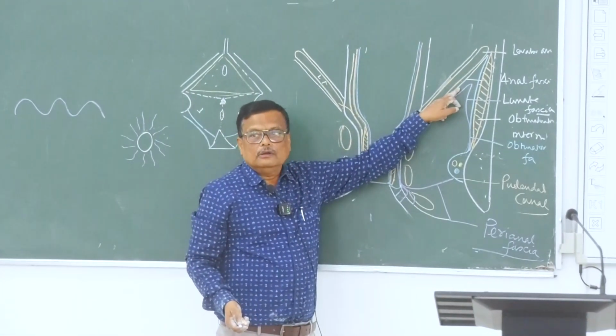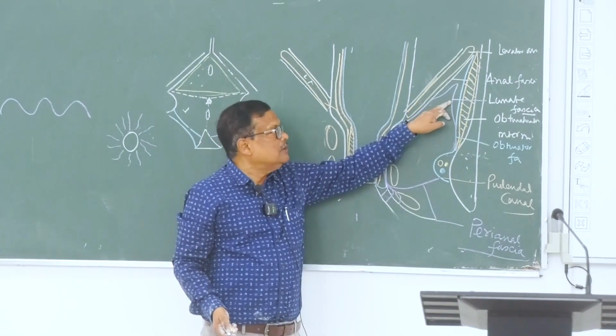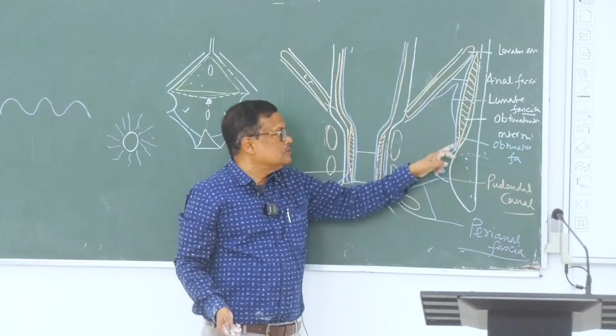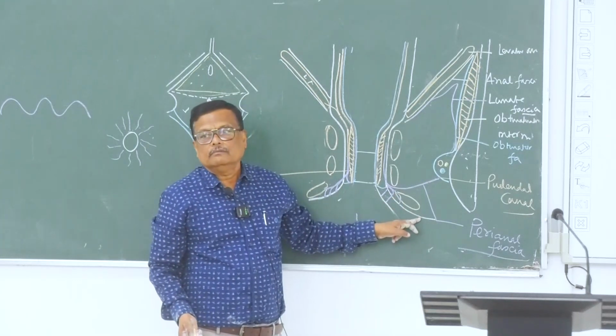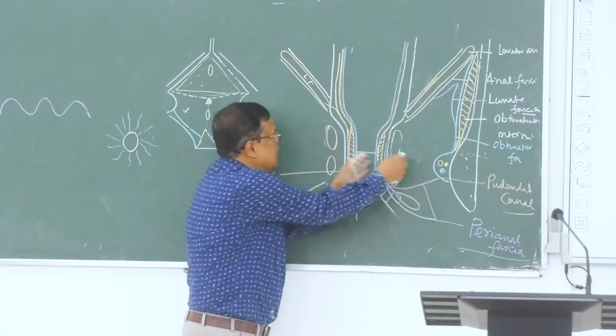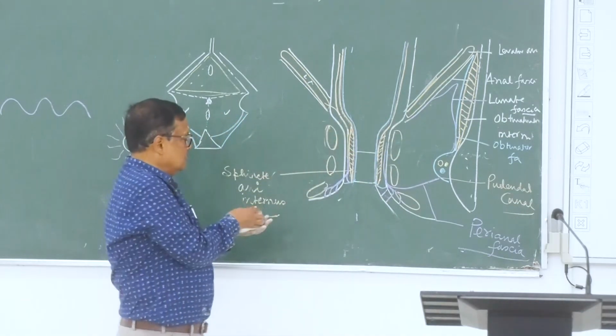Anal fascia, which covers the lower part of the levator ani. Lunate fascia, এটা হচ্ছে obturator internus with this fascia, আর এটা হচ্ছে perianal fascia, এটা হচ্ছে skin. This is the anal canal. So there is a space on the other side, এখানেও রয়েছে এইখানটায়.